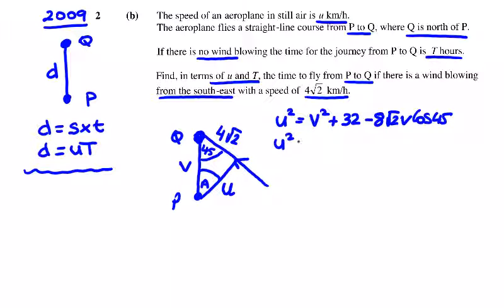So we get u squared is equal to v squared plus 32, and the root 2's will cancel. This is 1 over root 2 for cos 45, so we're going to get minus 8v.